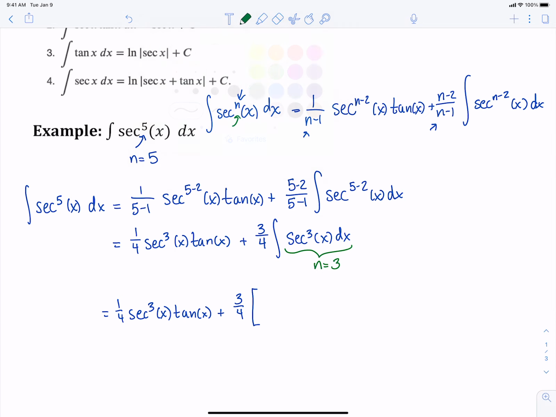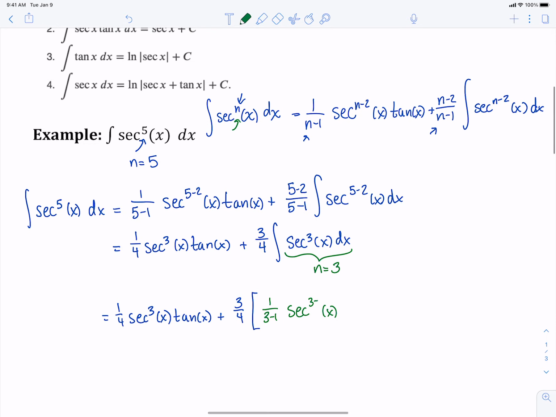Now I'm going to go to green here. So we're going to 1 over 3 minus 1, secant to the 3 minus 1, or 3 minus 2, excuse me. Watch my formulas. Those are the kinds of things to be careful about with this, making sure you're getting all of the formula correct and in all the correct spots.